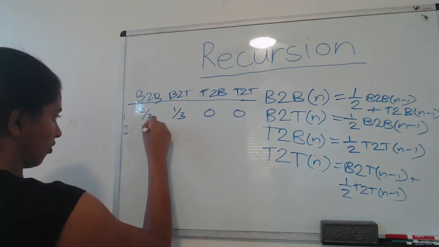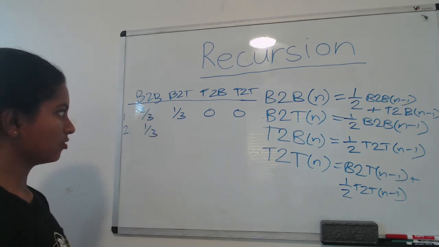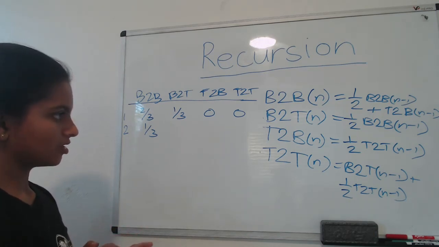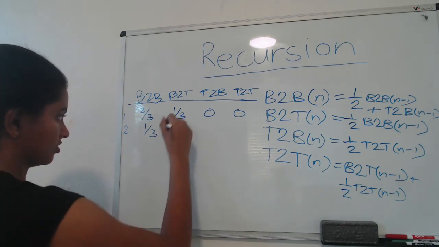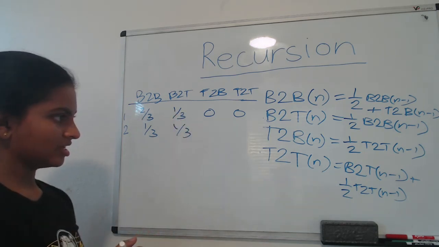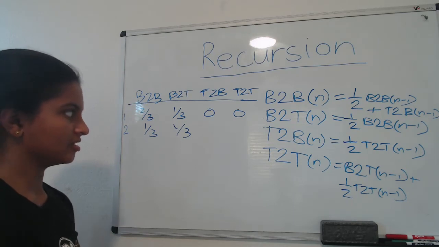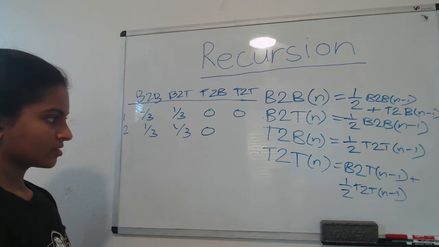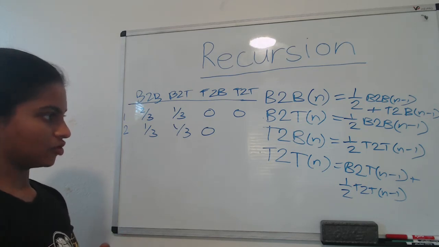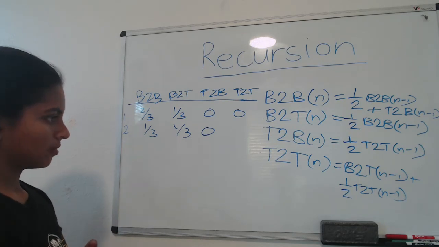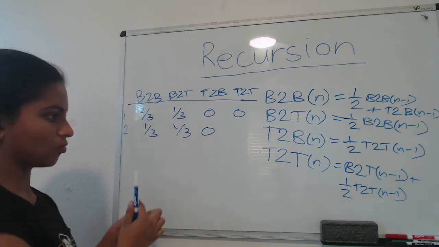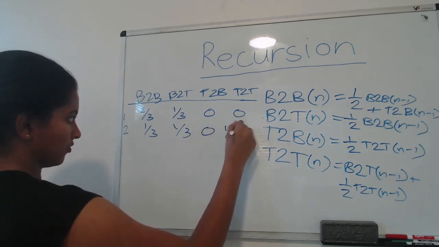So this is going to be 1/3, calculating using this formula. b to t is going to be equal to 1/2 b to b n minus 1, 1/3. t to b is going to be 1/2 of t to t, but t to t over here is 0, so this is also going to be 0. t to t of 2 is going to be equal to b to t n minus 1 plus 1/2 of t to t n minus 1. But this is 0 and this is 1/3, so this is also going to be 1/3.